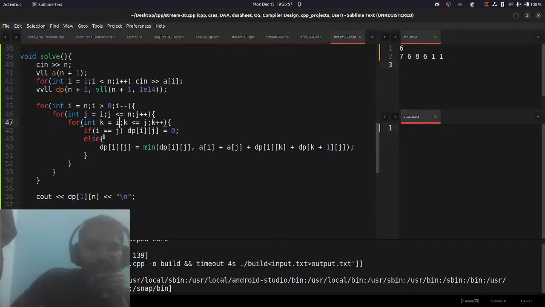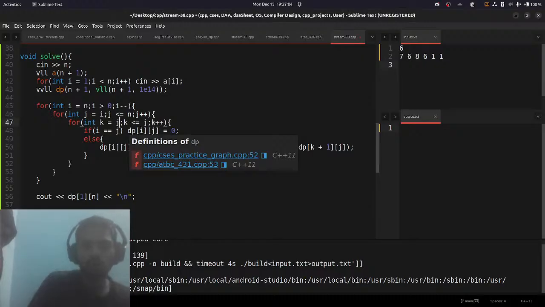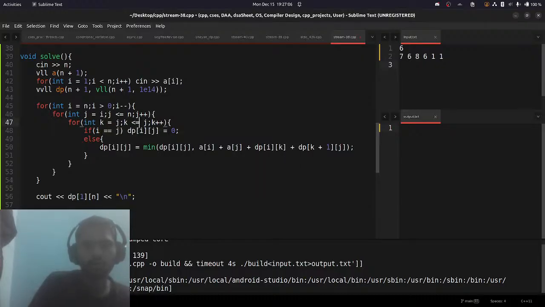Okay, so we are accessing k plus 1 here, and we are going from I, so it will not work. Let me go from the opposite side.